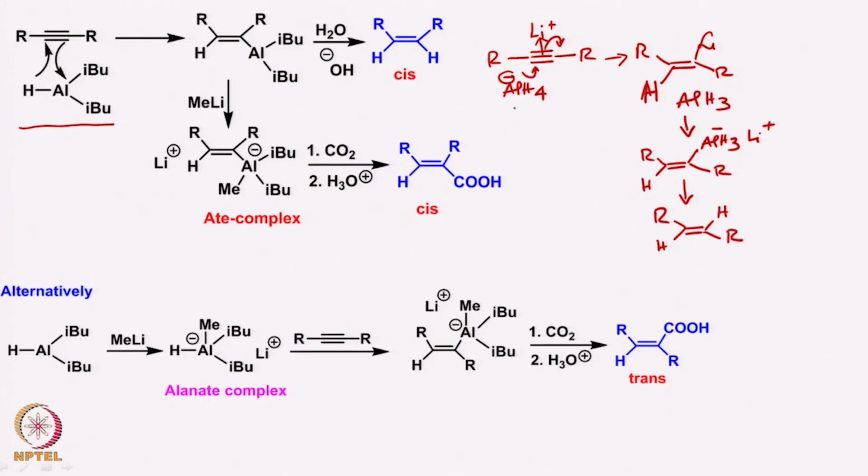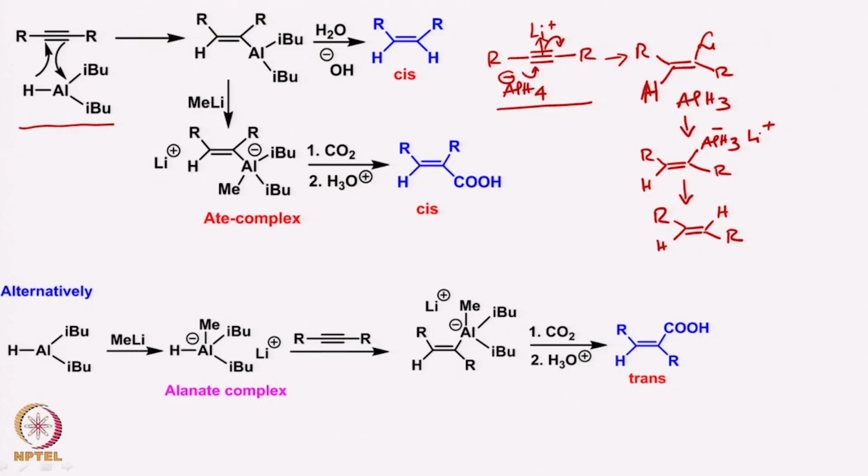So this particular reaction triggers in such a fashion that the aluminum hydride, which is already negatively charged and therefore nucleophilic in nature, initiates the reaction so that the electron density moves towards the top, towards the lithium plus.